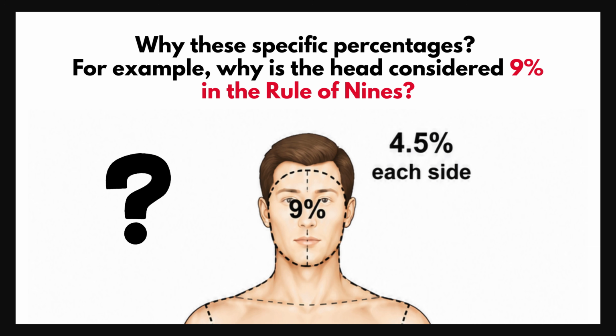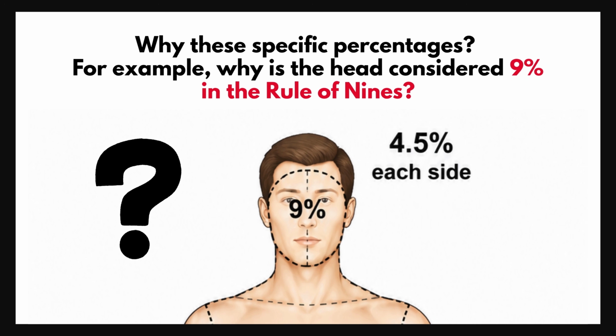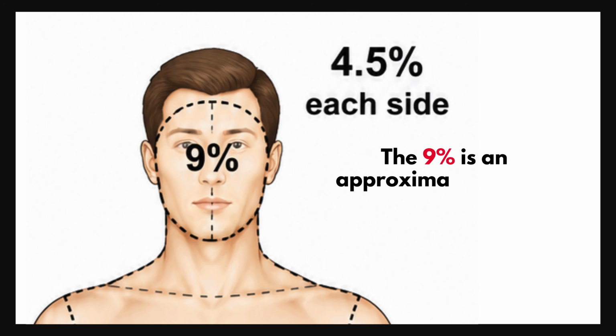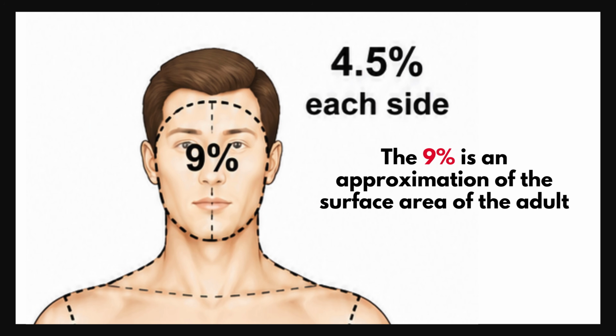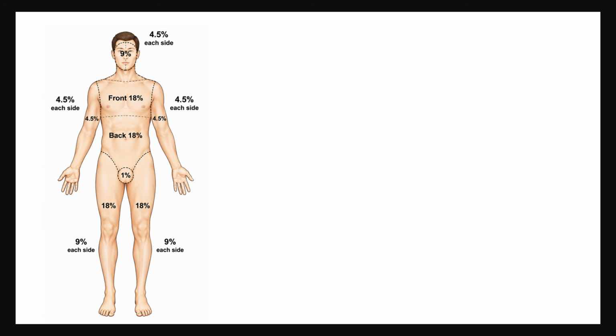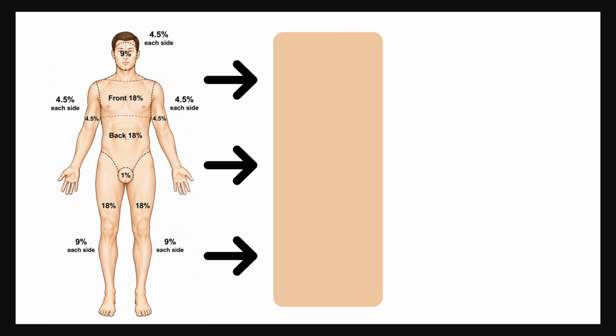You must have wondered, why these specific percentages? For example, why is the head considered 9% in the rule of nines? The 9% is an approximation of the surface area of the adult head and neck compared with the entire body's skin surface. Imagine taking all the skin covering your body and spreading it out flat.